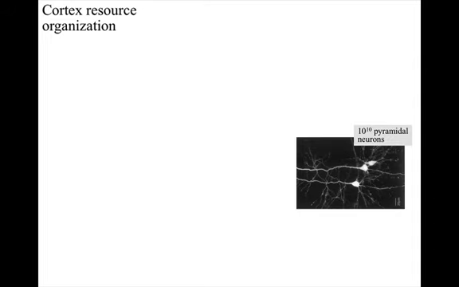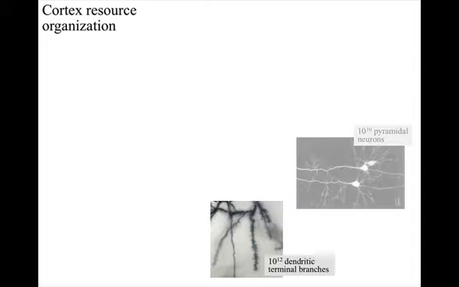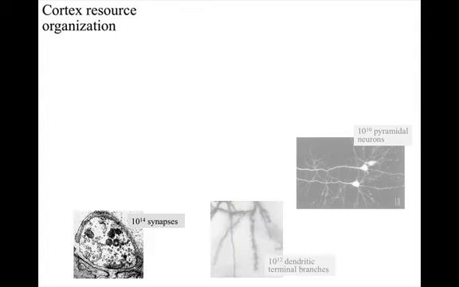Now, cortical resources are organized in an apparent hierarchy. There are large numbers of pyramidal neurons that have a general similarity to each other, although they differ in detail. The dendrites of pyramidal neurons have a number of terminal branches, and these terminal branches again are generally similar. Then terminal branches are made up of groups of synapses that again are generally similar but differ in detail.